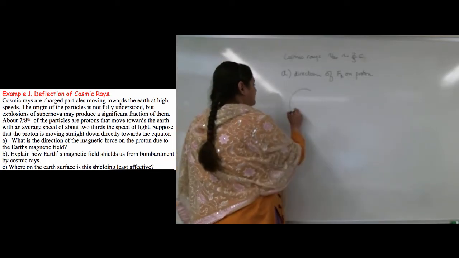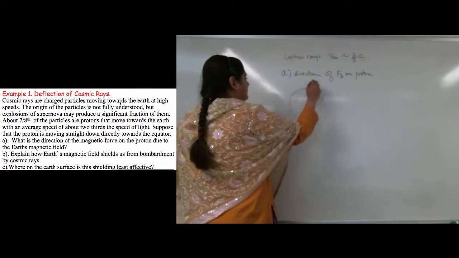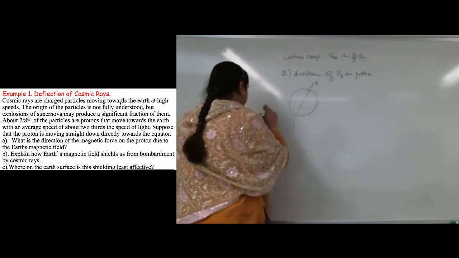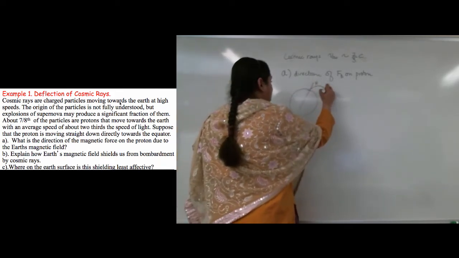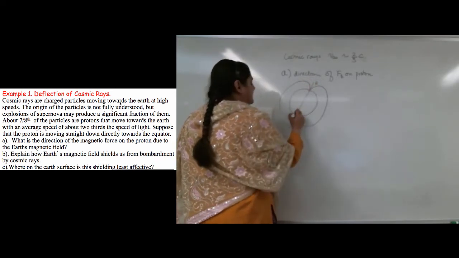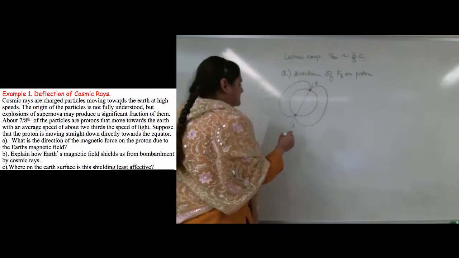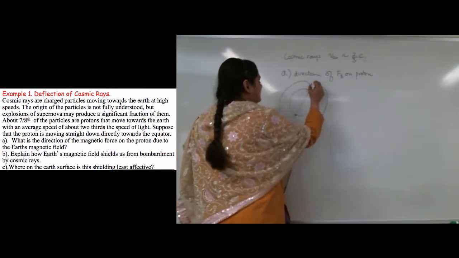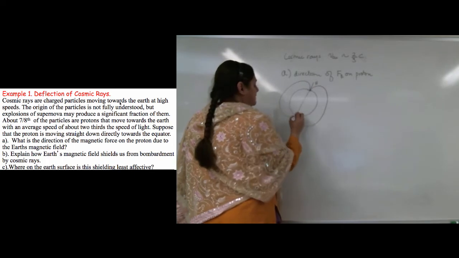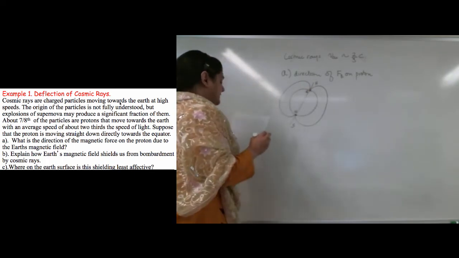So first of all, let's suppose this is my Earth, this is the North Pole, this is the South Pole. The direction of the magnetic field is going to be opposite. Remember we talked about this? This is going to be opposite to the direction of the magnetic north and the geographical north. So the magnetic north is this one.